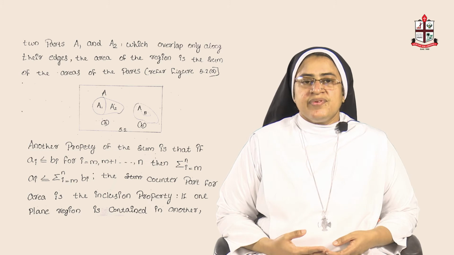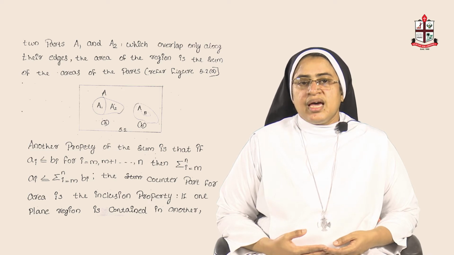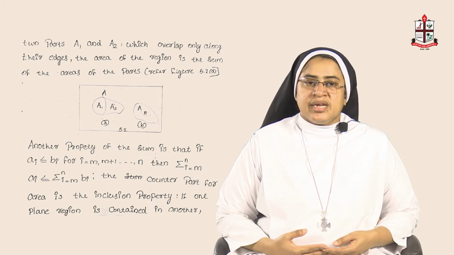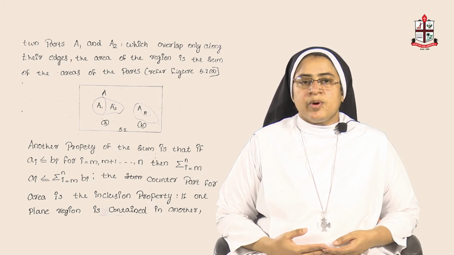So, here in the figure you can see that there are two areas. If they are overlapping only along edges, the sum can be found by adding up the areas, and if one is a subset of the other, you can say like that also. That is dealt with in the next one, the inclusion property.